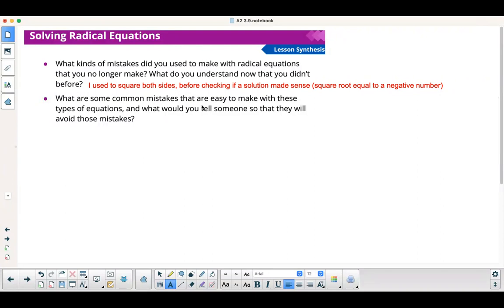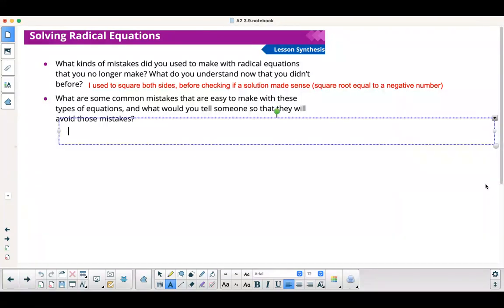What are some common mistakes that are easy to make with these types of equations? What would you tell someone to avoid these mistakes? I would say it is easy to forget to isolate the radical before squaring both sides.